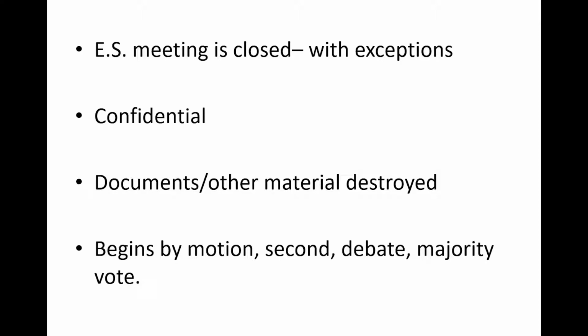You then debate, if you need to, the motion. Well, why do we need executive session? Why don't we keep everybody here? Or why can't this go into the regular minutes? Or whatever debate you need to have. You then vote. A majority of the members must approve the executive session. Once you've done that, you're all set to go into executive session.